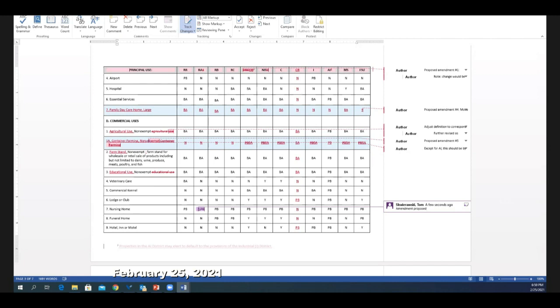Maybe the question could be, is it large enough that a nursing home here is underneath commercial uses versus a residential use? However, do you potentially have larger homes or spaces to use, but then it's a commercial use in more of a residential area? So is that why the proposed no? Yes, I did get clarification. The proposal was to make it no in RA.